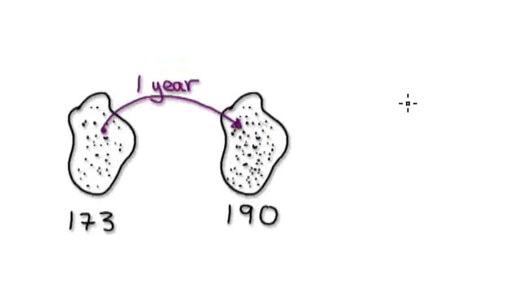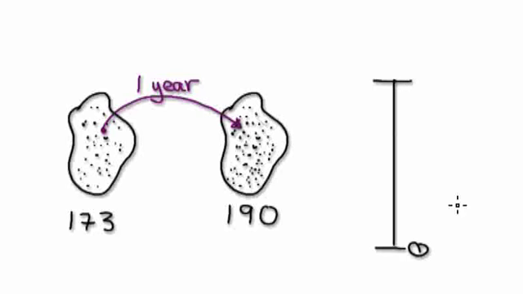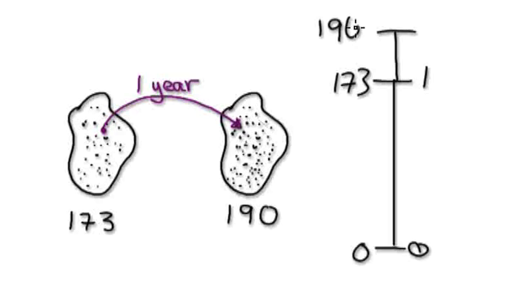Okay, another example. Let's say on an island there's a population of 173 people. A year later, the population has increased to 190. So again, draw the diagram. What is the population increase? So our original is 173. This is the original. And then a year later, 190.